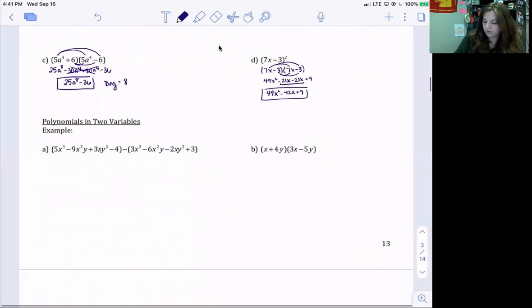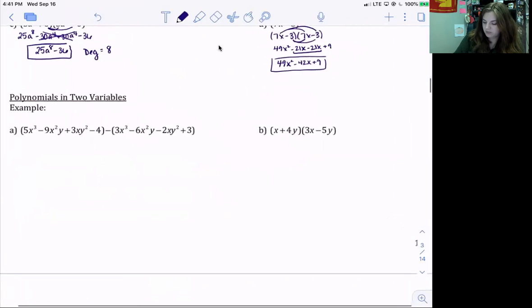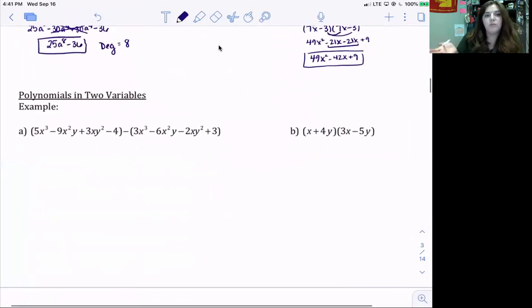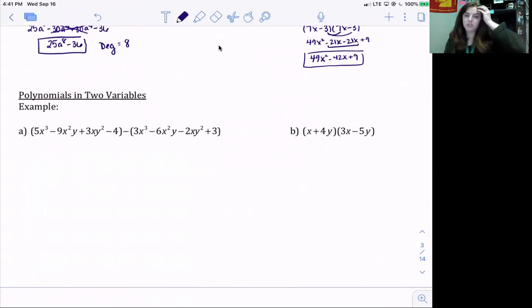Okay, so looking at these last two, we bring in multiple variables, our rules still stay the same. So if we want to add and subtract, again, we're looking for those like terms. So we have the quantity of 5x cubed minus 9x squared y plus 3xy squared minus 4 minus the quantity 3x cubed minus 6x squared y minus 2xy squared plus 3.